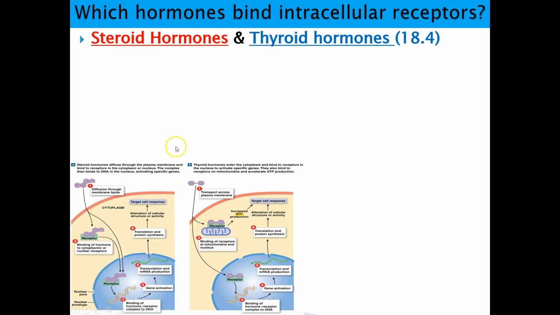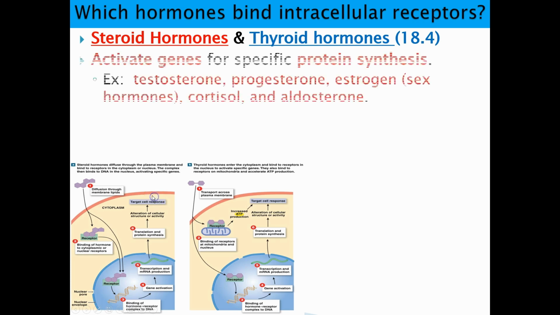And when they do that, as far as steroid hormones, and that's what a steroid looks like, that's the common chemical makeup of a steroid, so you should recognize that that's a steroid. Anytime you see this four-membered ring where it's basically three hexagons with one pentagon attached to it, that's always what represents a steroid. And what they basically do is they end up binding an intracellular receptor, and when they do that, that leads to protein synthesis.